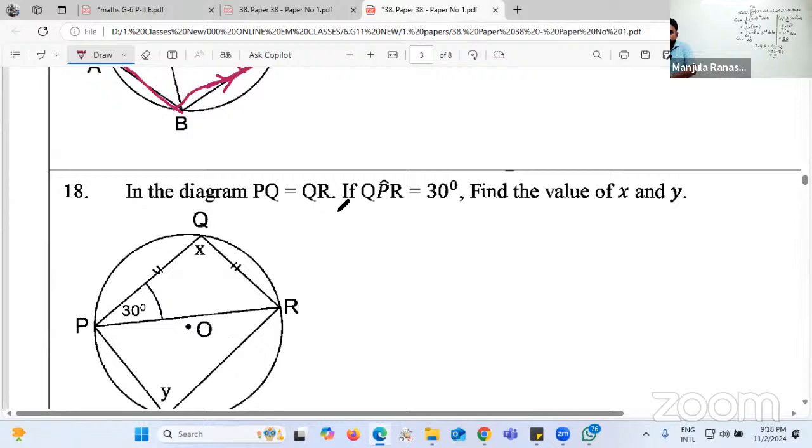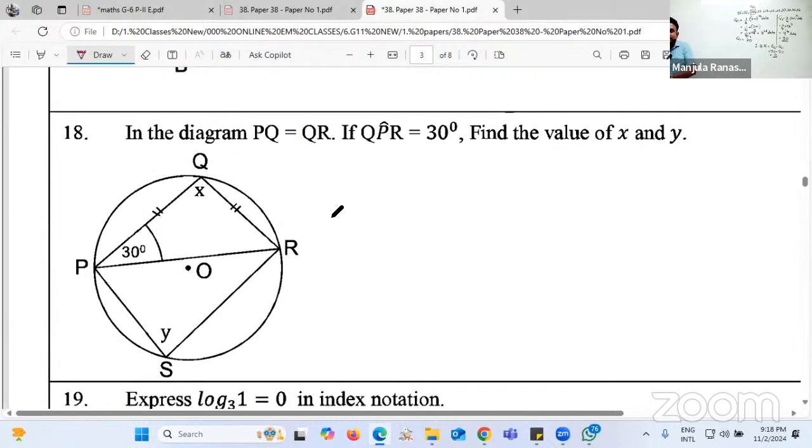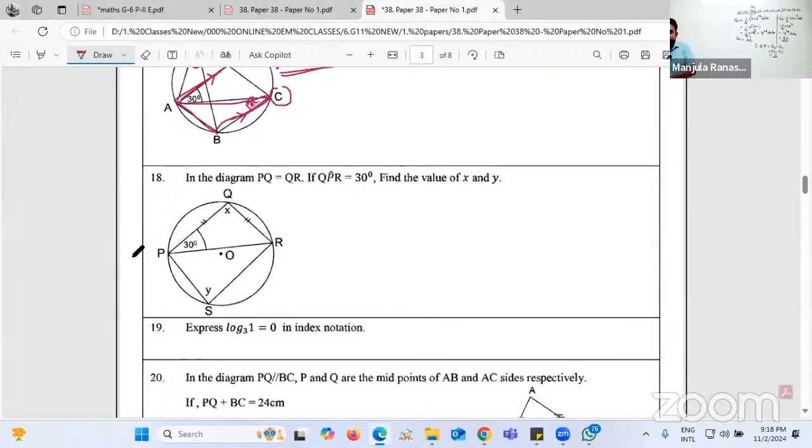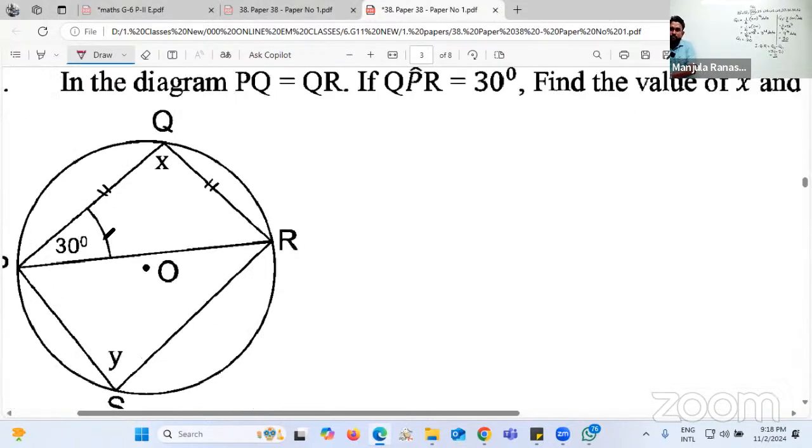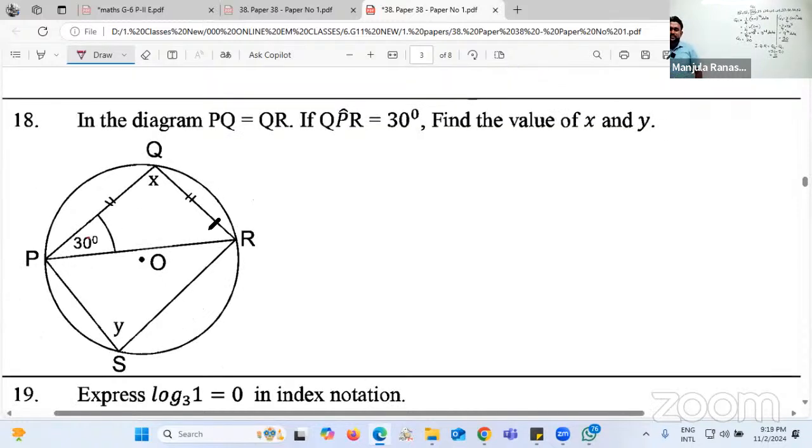So now we move to question number 18 also. In the diagram itself, PQ equals QR, that is given. QPR is 30. Find the value of X and Y. See there. When you see here 30, these two sides are equal, so the angles opposite to the equal sides are also equal. Here also 30.